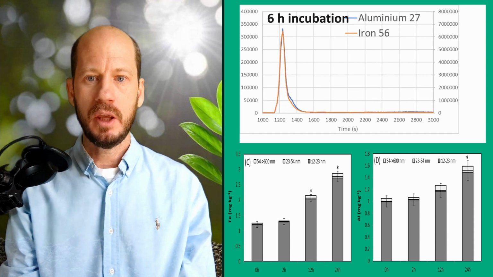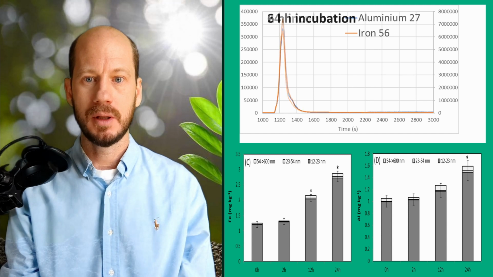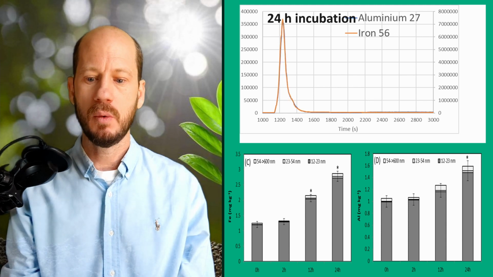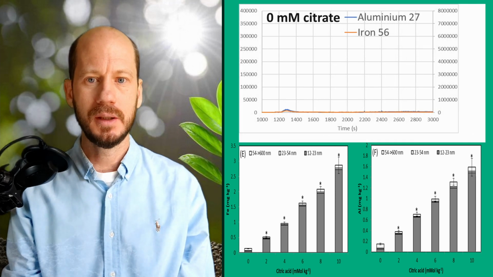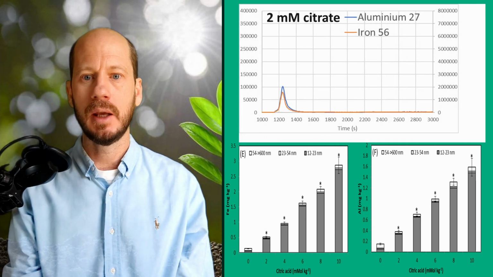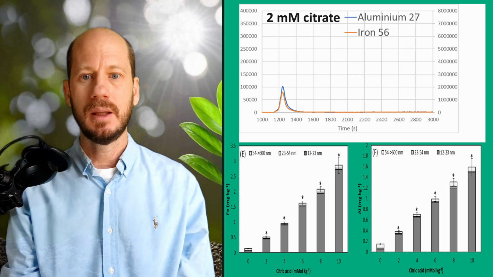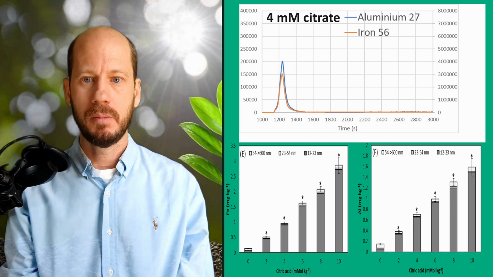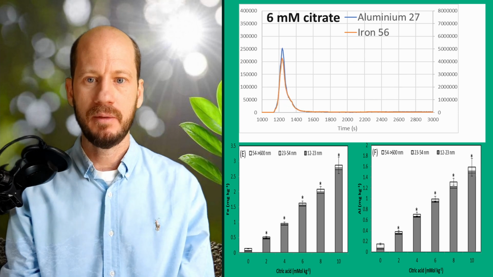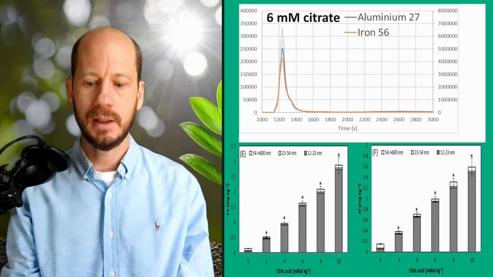And if we look here at the dose response, you will also see more than a 10-fold increase in iron and aluminum present in the colloidal fraction, measured by this FFF coupled with ICP-MS technique.